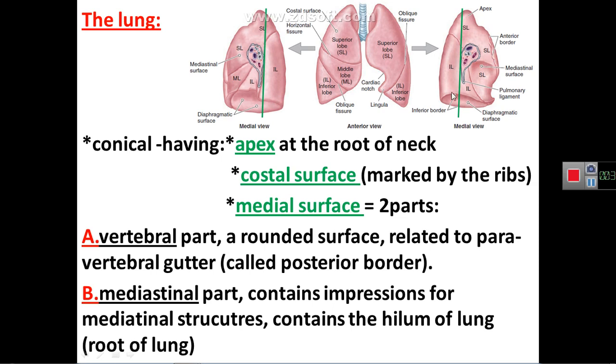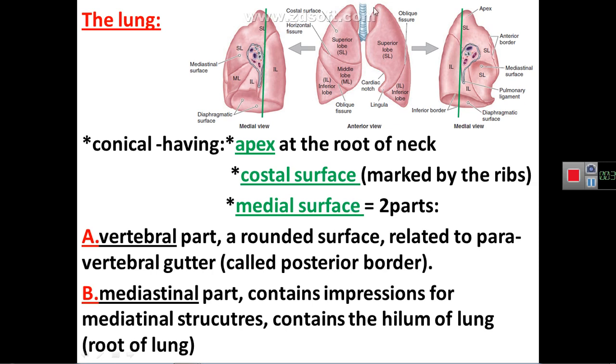The posterior part of the medial surface is related to the vertebra, and thus it is called vertebral part. It is rounded, related to the paravertebral gutter, and sometimes is called the posterior border. While the anterior part of the medial surface is related to many structures lying in the mediastinal cavity on both right hand side and left side.